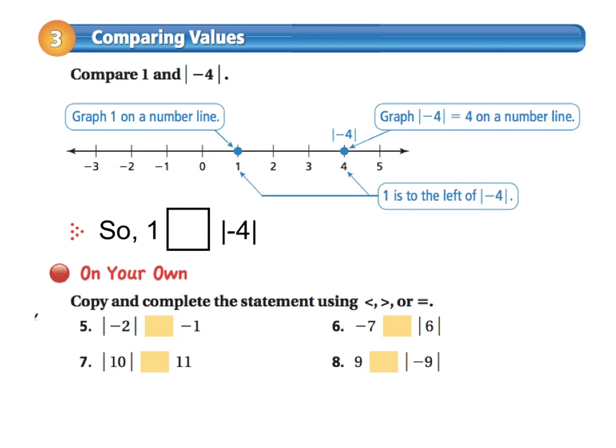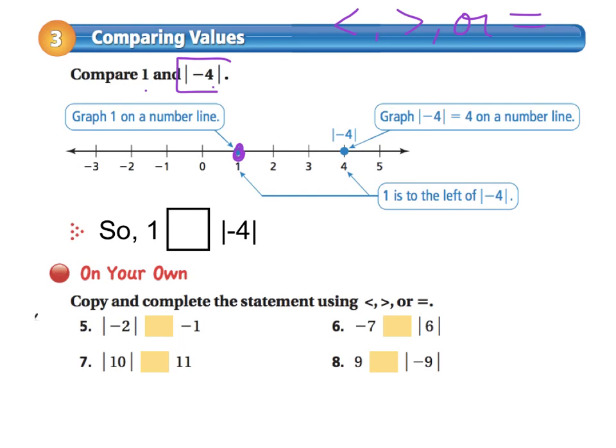And lastly, we're going to talk about comparing values. When we compare, remember you're going to use your less than symbol, greater than, or equal to. What I think is easiest when you compare numbers is to use a number line and to remember your absolute value and what it means. So if we are comparing 1 and -4, we know 1 is just 1.